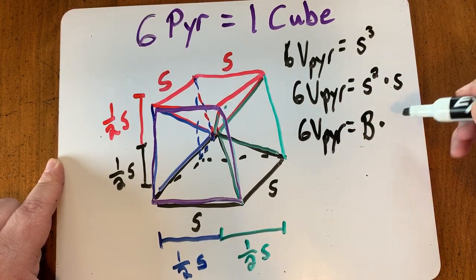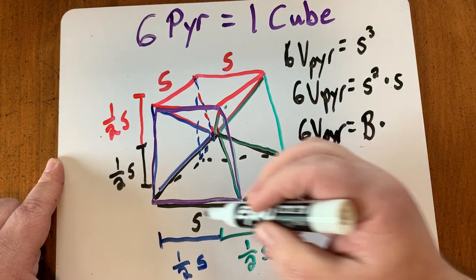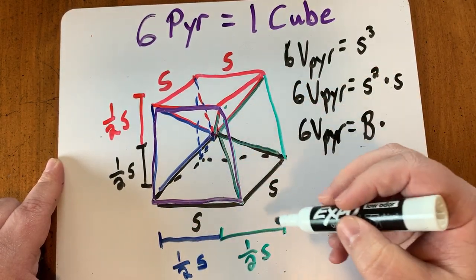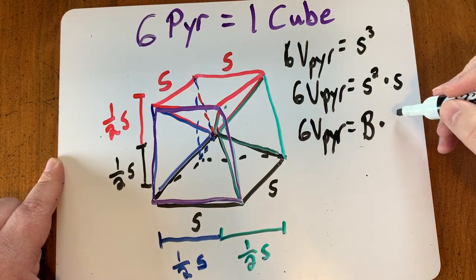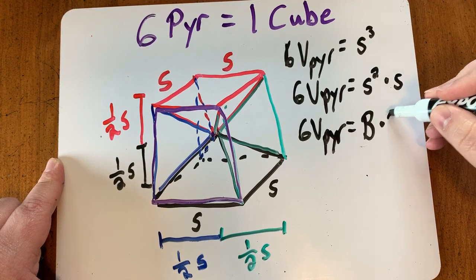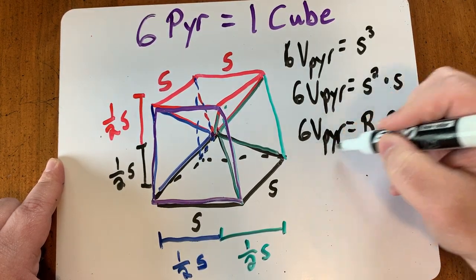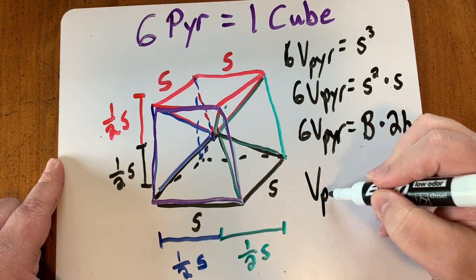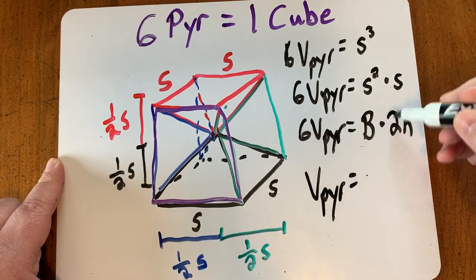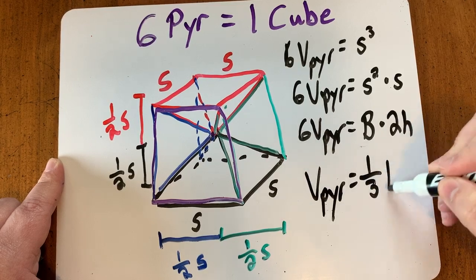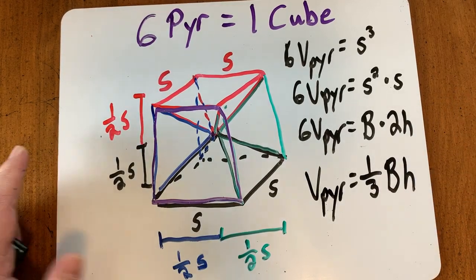And S is part of our last measurement. The area of the base is S squared, and the height is S over 2. So S is really 2 times your height. So if you divide by 6, the volume of your pyramid is 2 over 6, which is 1/3 the area of the base times the height.